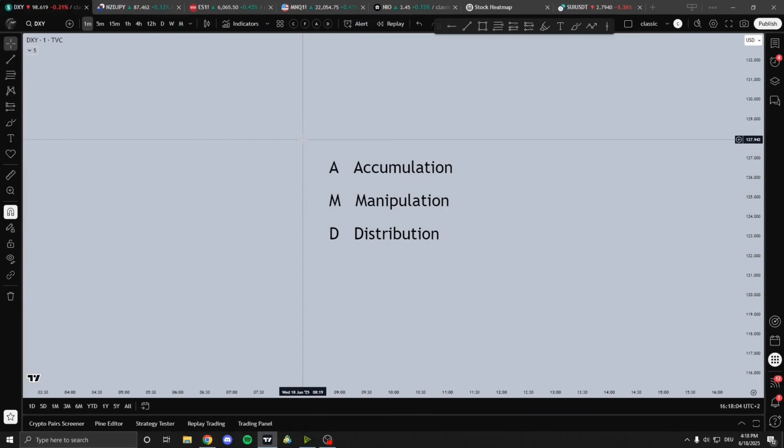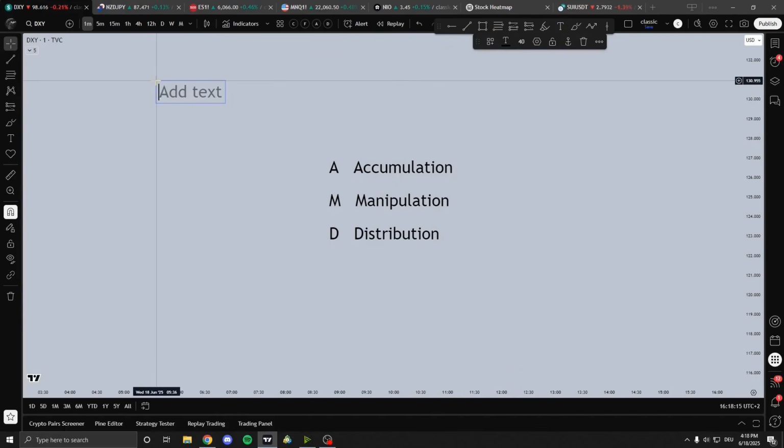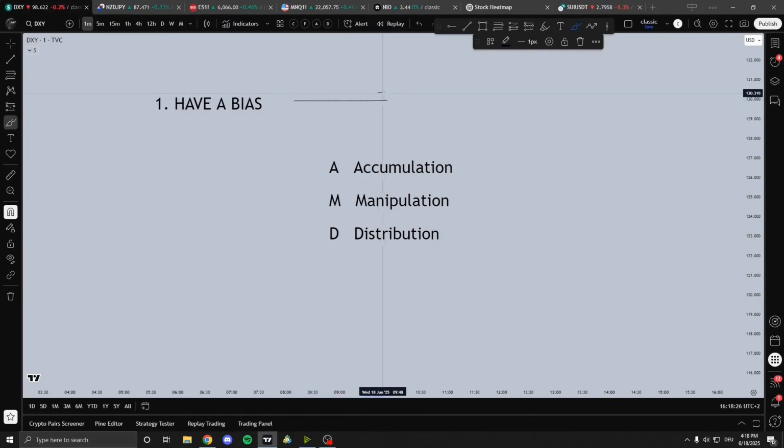Once you have a high probability bias, meaning you expect expansion into either the upside or the downside, then you can head over to your narrative and determine the key level. So first step, always have a bias. Once you have the bias, you then determine the key level. All right, that's the second mandatory step.